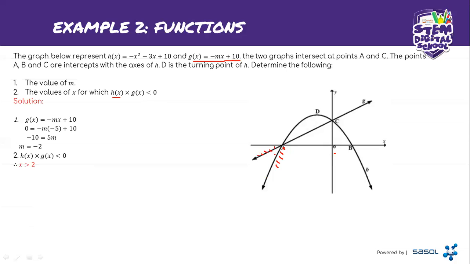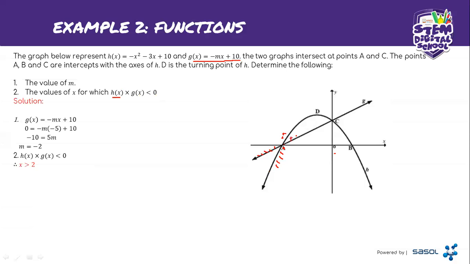Now, if you multiply this negative of the straight line together with the negative of the parabola, what are you going to get? You are going to get positive. Then positive cannot be less than 0, right? Meaning this is not going to give us a solution. Then just here above this x-axis, we know the graph now starts to be positive. The same applies with the straight line.